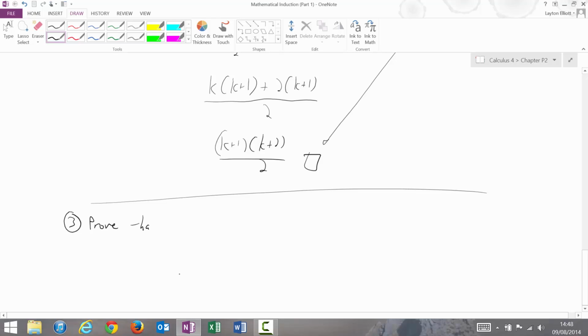We're going to prove that for every positive integer, and the way I can say this mathematically, I'm using a lot of symbols here, is for every k in the integers such that k is greater than 0. That's a way of saying positive integers.